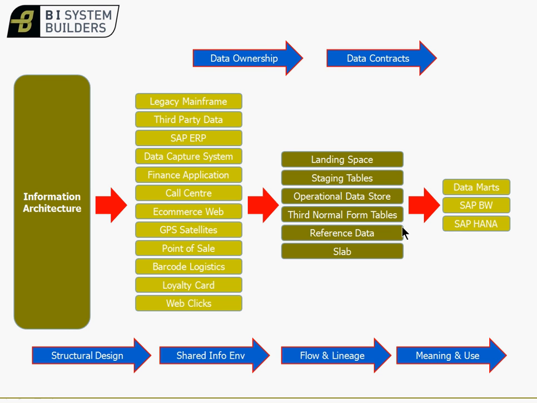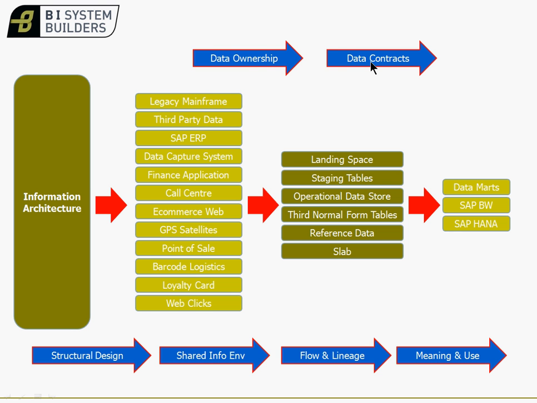Where do business users go to get their BI information? And very importantly, we need to think about data ownership, because there may be several owners of data in the organization. There may be sensitive data. We need to think about who owns that data and go speak to them.